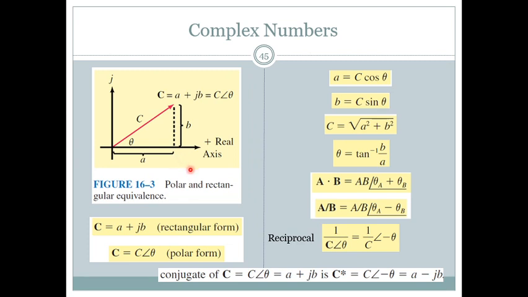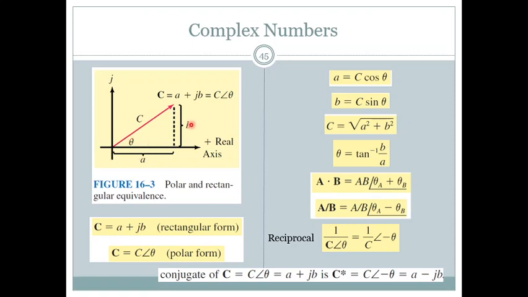Right, so the conversion, or the relationships that we have with complex numbers: C can be represented as a complex number, A plus jB, or C angle theta.